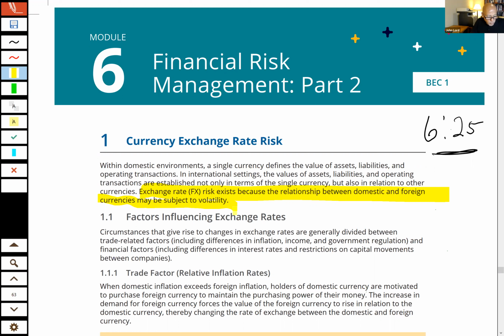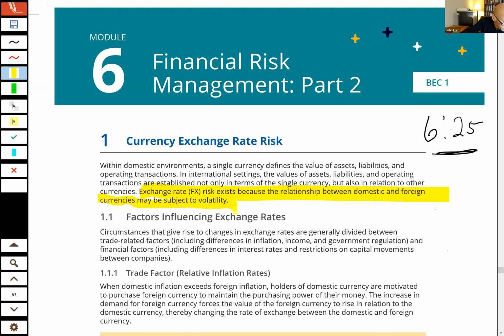But that really hits on the financial part of the exam more than the BEC part. So I think what we're going to need to do is make some flashcards here that'll help us to remember how these different factors affect a currency and how it'll affect the currency of one country versus another.